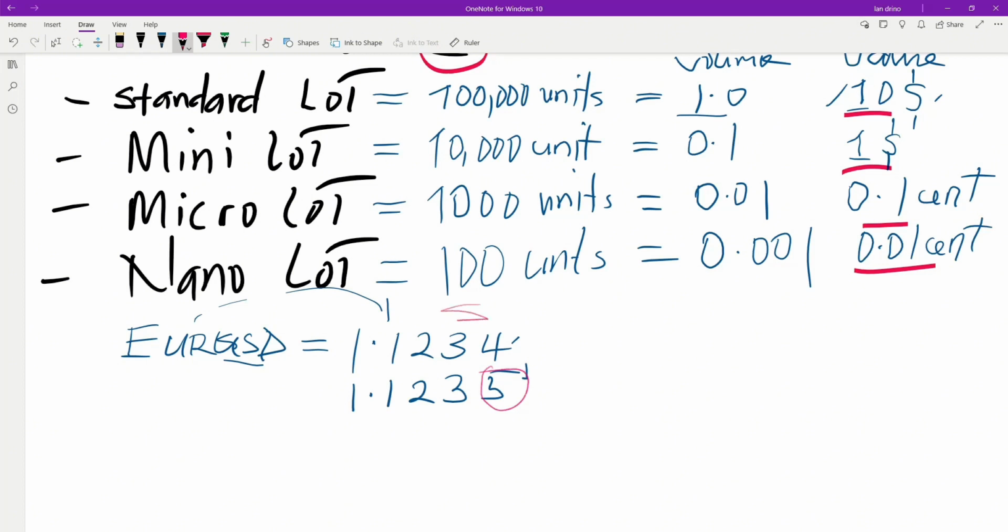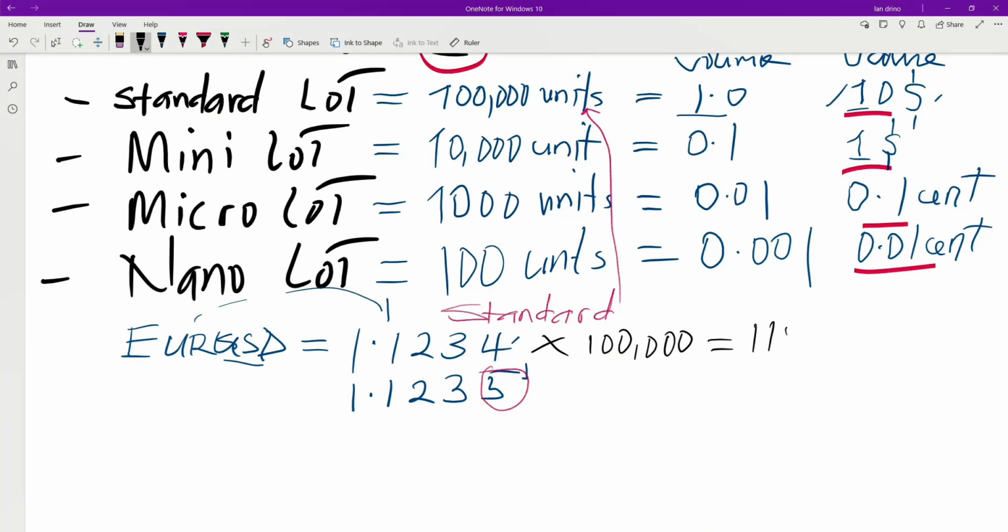If you are trading a standard account, for example, we said a standard account is equivalent to 100,000 units of currency. So what you are going to do is multiply the initial price of Euro USD by the value of a standard account, which is equivalent to 112,340 if you do the maths, okay?